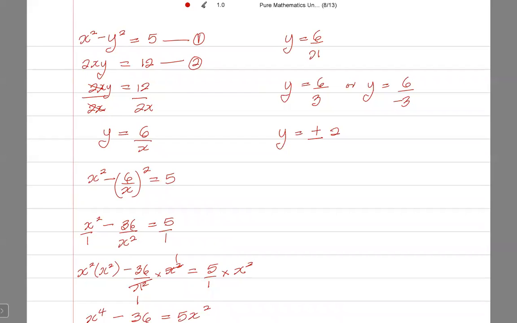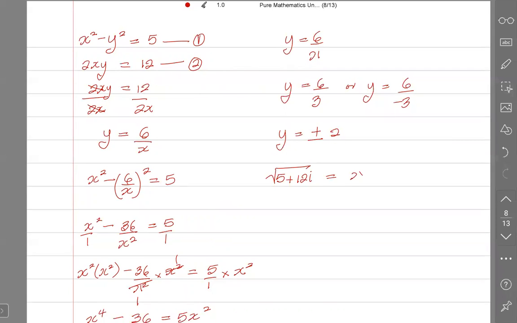Ladies and gentlemen, we started out by saying that the square root of 5 plus 12i, I said ladies and gentlemen, but it's just ladies, is equal to x plus iy. We now know what x is and what y is.